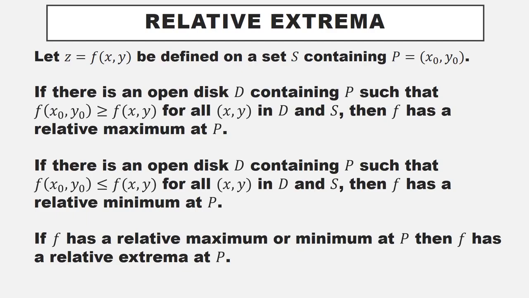If there is an open disk D containing the point such that the output value is the maximum amongst all points in D and in S, where we're defining the function, then we say f has a relative maximum at P. So in other words, it might not be the maximum amongst all points from our overall set, but it's the maximum in that local region, in that little open disk.